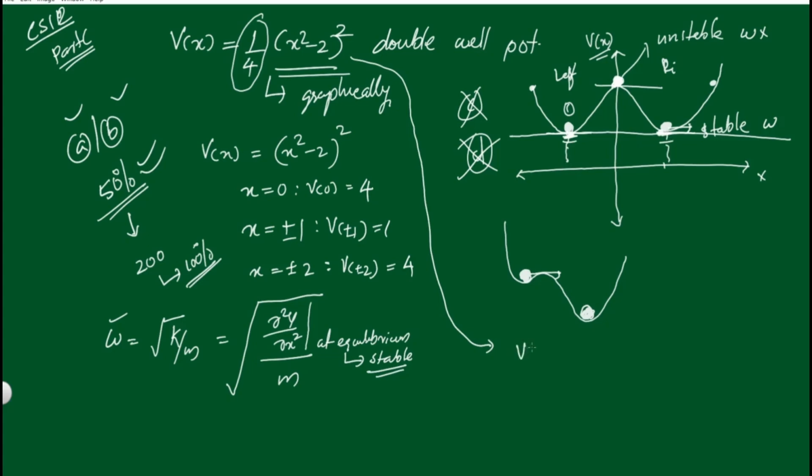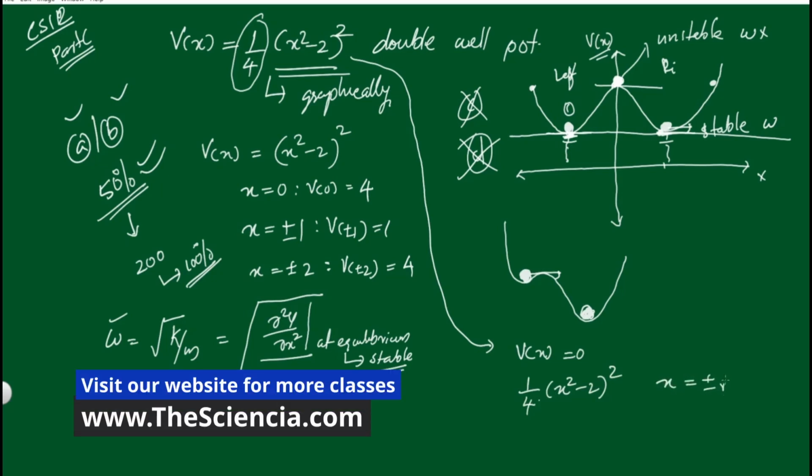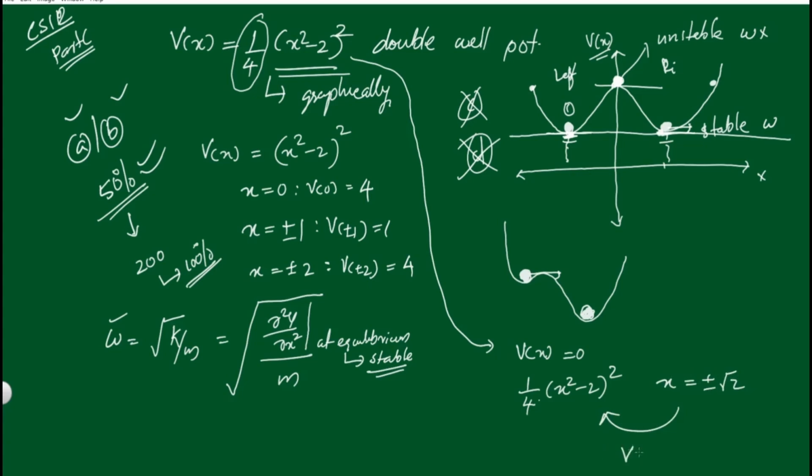We know V of x at this position is 0, and V of x equals 1 by 4 into x square minus 2 whole square. Therefore, if we substitute x equal to plus or minus root 2 in this equation, we get V of x equal to 0.